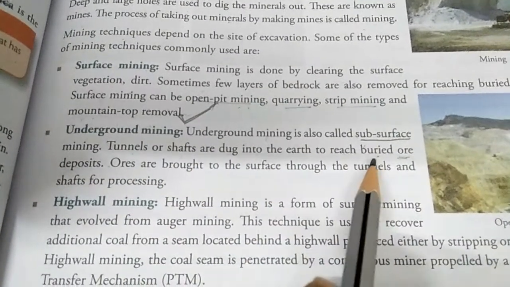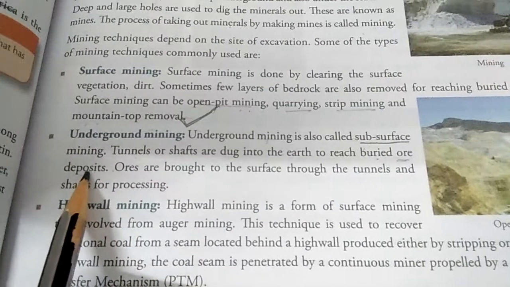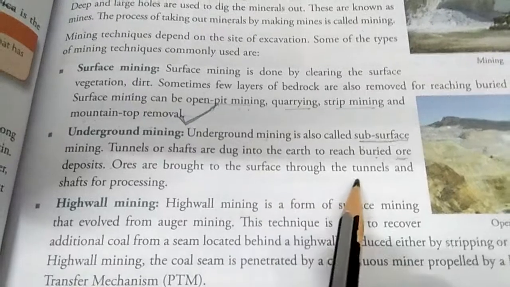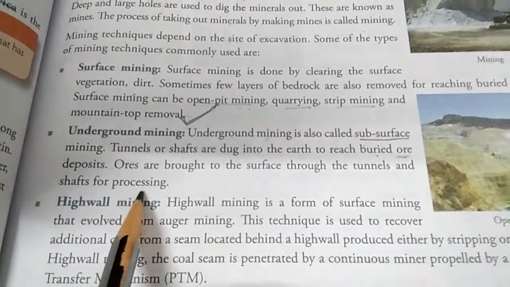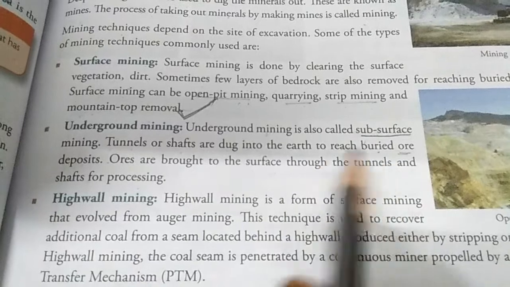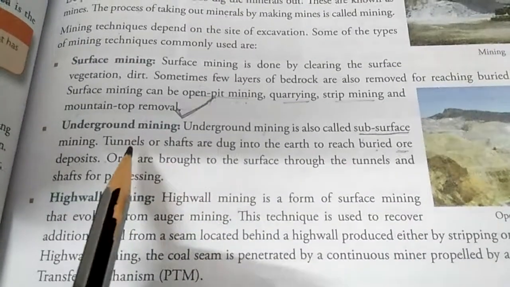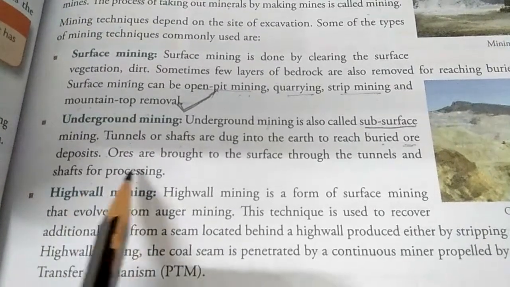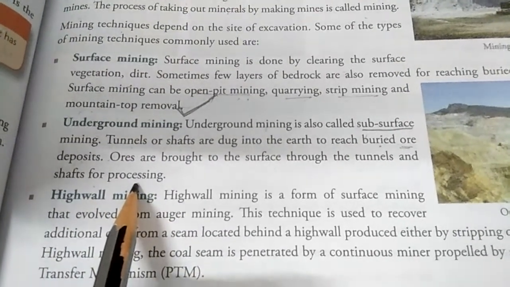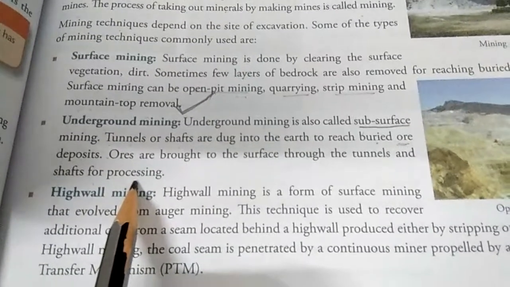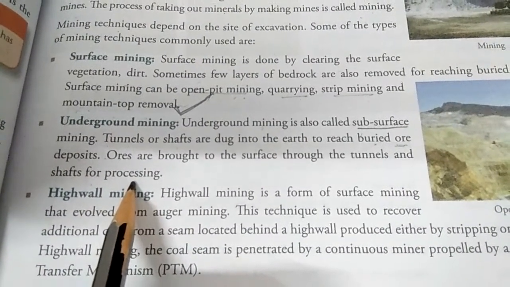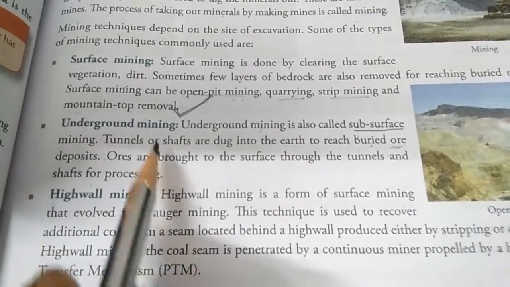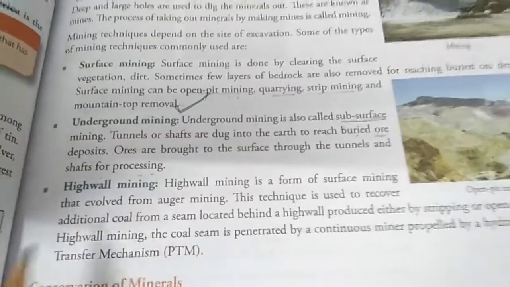Then ores are brought to the surface through the tunnels and shafts for processing. That is, in the factories, these ores are taken, and then the impurities are taken out, and then we get the pure mineral from it. So this is underground mining.